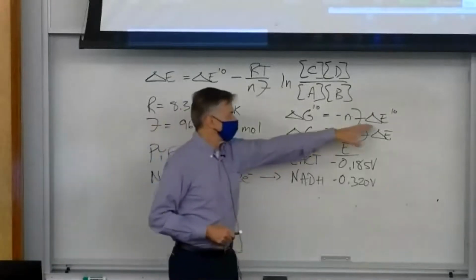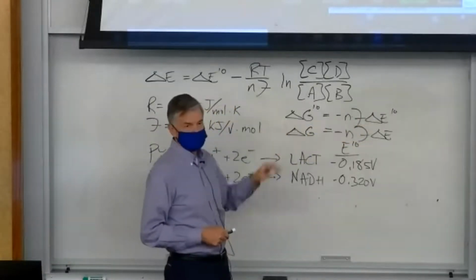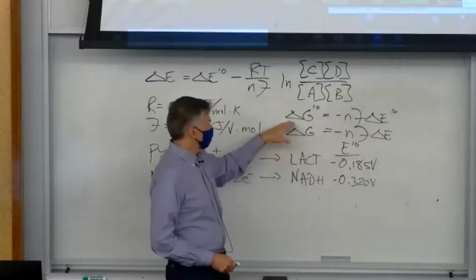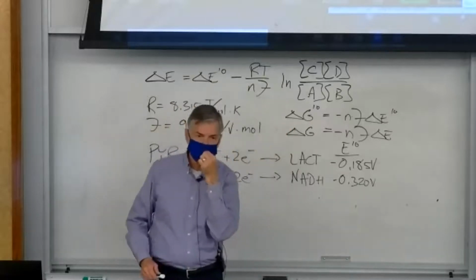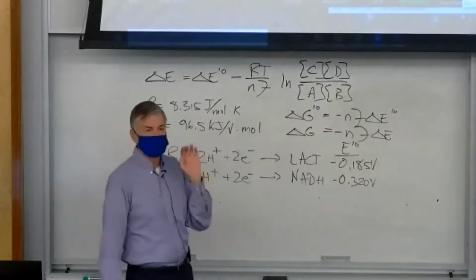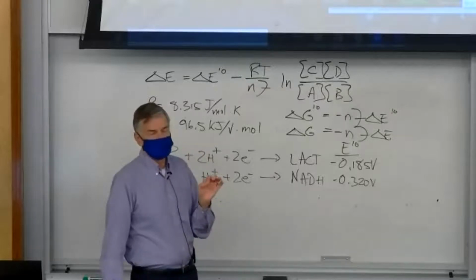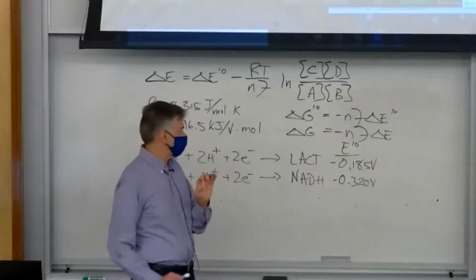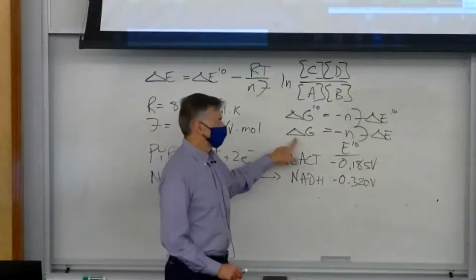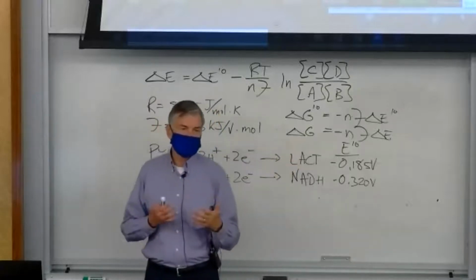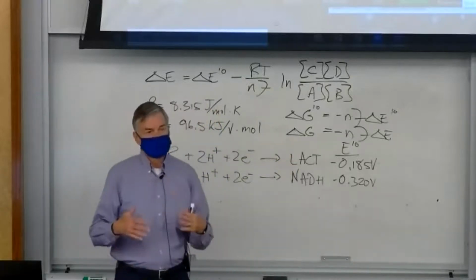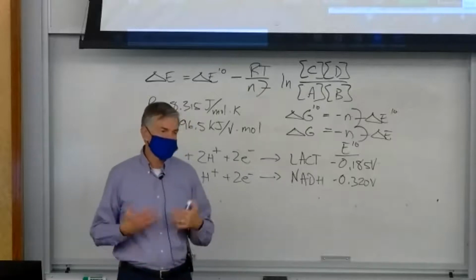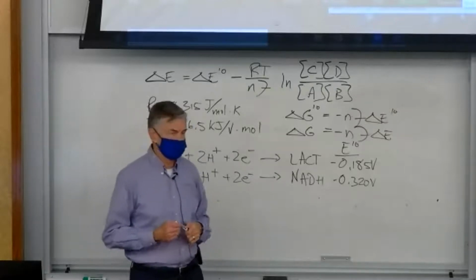So positive values here become negative values there. This delta G prime 0, if you'll recall, is a constant, and it is determined under standardized conditions, whereas this delta G represents actual physiologic or cellular conditions for a reaction.